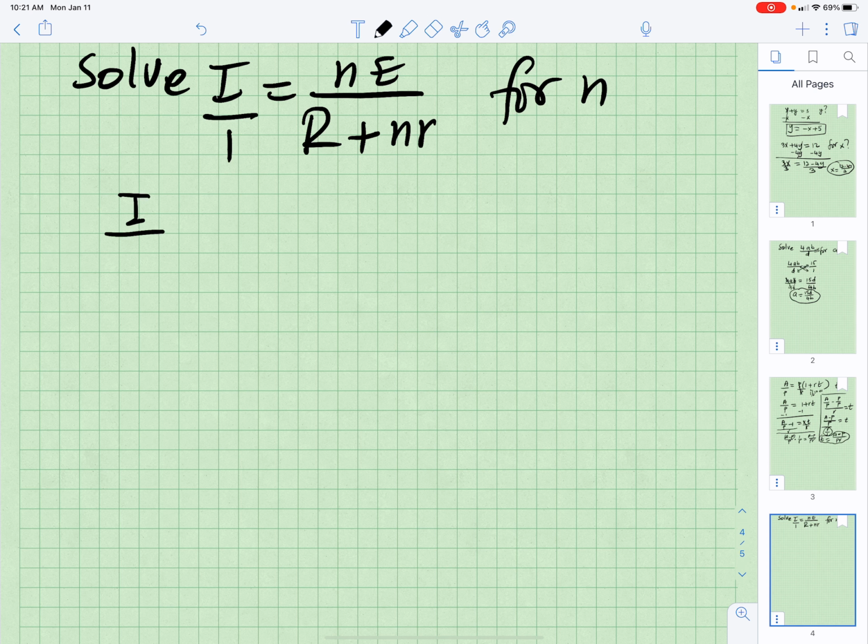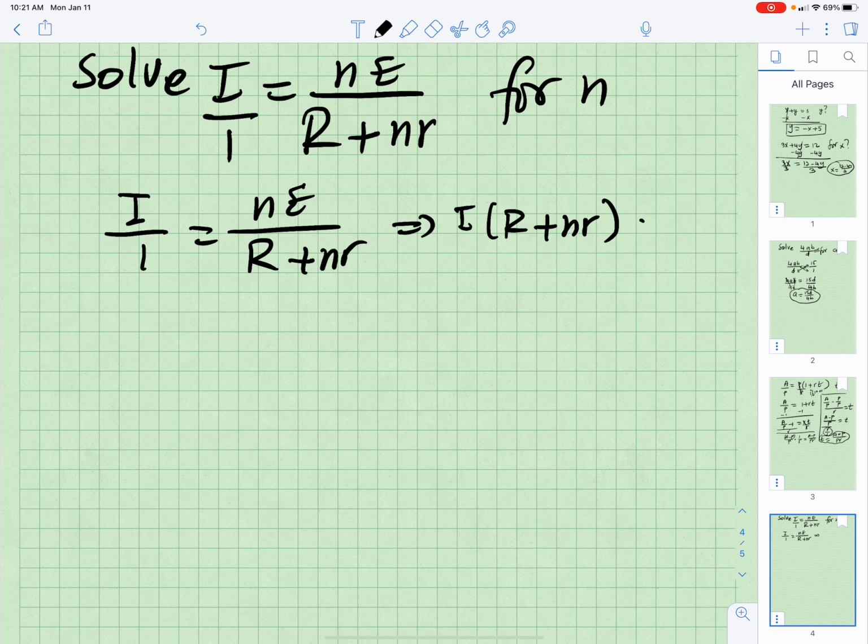So I over 1 equals NE over R plus NR. So we cross multiply again. So now we have I times R plus NR equals NE, right? So we can distribute, right? I times R is IR, and I times NR is INR, equals NE.